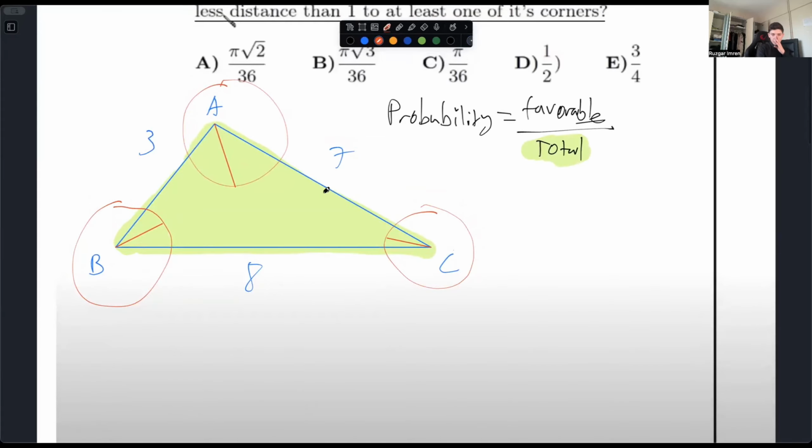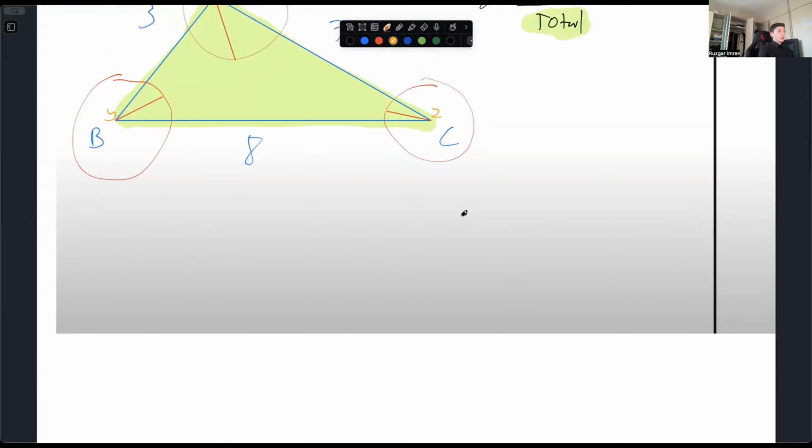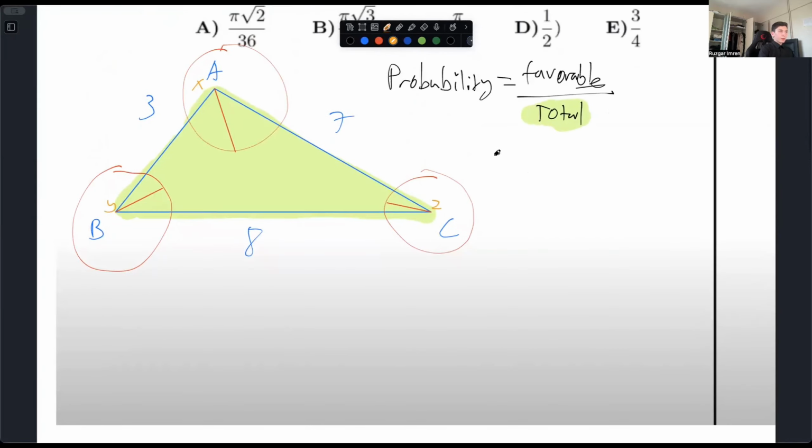Yeah. So after that, if we think about the angles here, we can label them by giving x, y, and z.